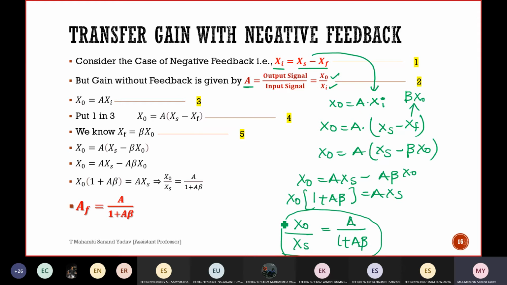100% you'll get this. So tell me, is this gain with feedback or without feedback? With feedback. So AF is nothing but A by 1 plus A beta, the answer with negative feedback. Here AF stands for gain with feedback. And what about this A?